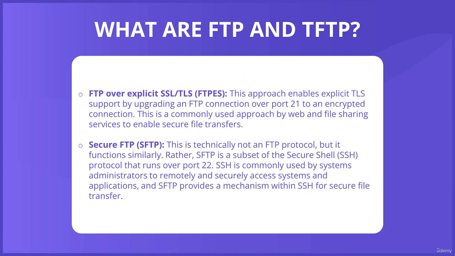FTP over explicit SSL/TLS, or FTPES. This approach enables explicit TLS support by upgrading an FTP connection over port 21 to an encrypted connection. So this is a commonly used approach by web and file sharing services to enable secure file transfers.